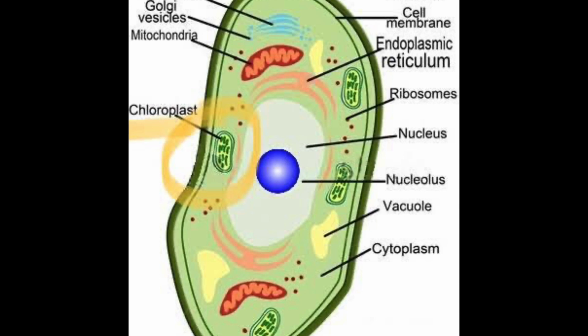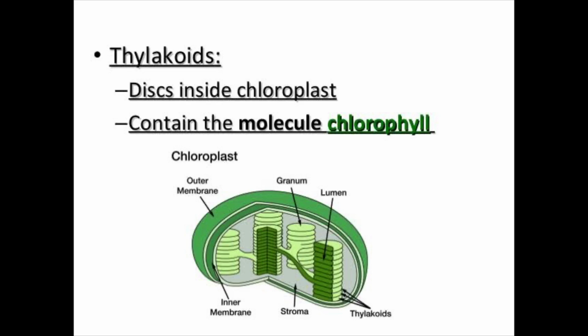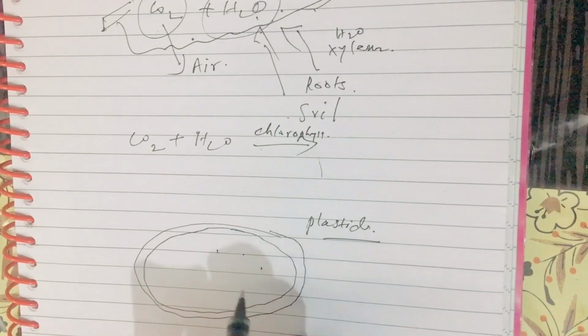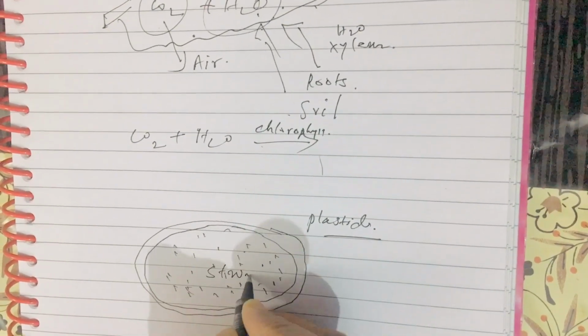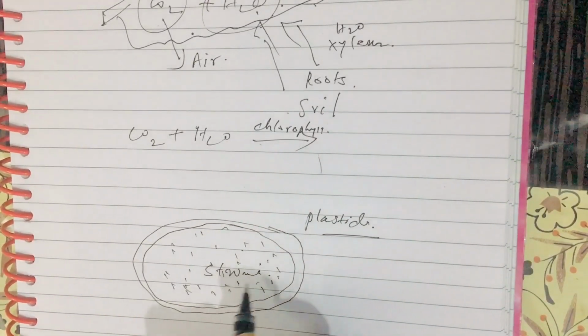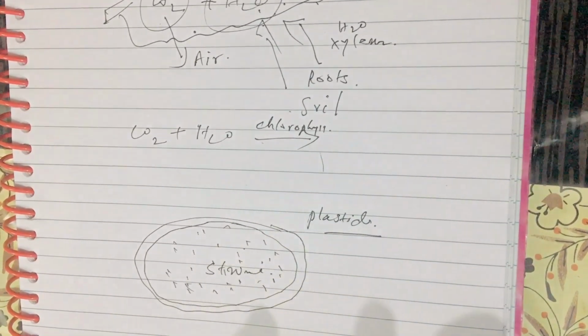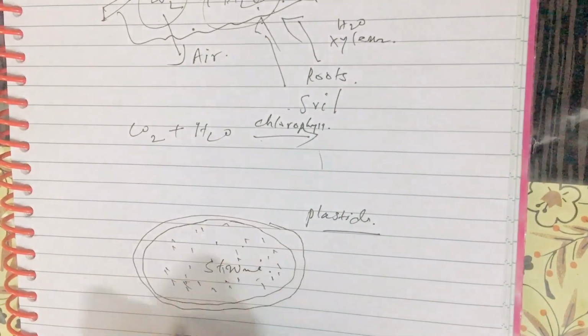The largest organelle of the plant cell, what is that? Plastids, isn't it? The green plastids are known as chloroplasts. Chloroplast has two membranes. Inside the membranes, in this lumen area, there is a special matrix called stroma, which has enzymes which facilitate photosynthesis.